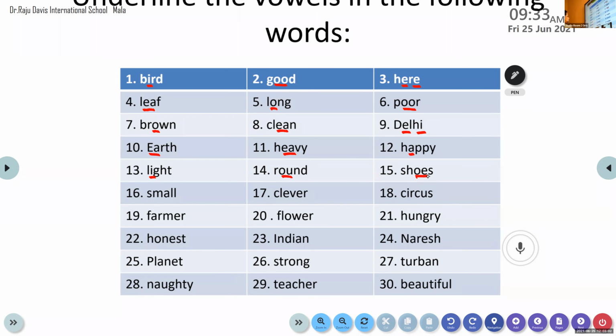Now let's move on to Abel. Abel, come on. We'll move on to the 16th word, Abel. Yes, ma'am. Yes, come on. Abel is not there. Yes, Abel, come on, do the 16th word.